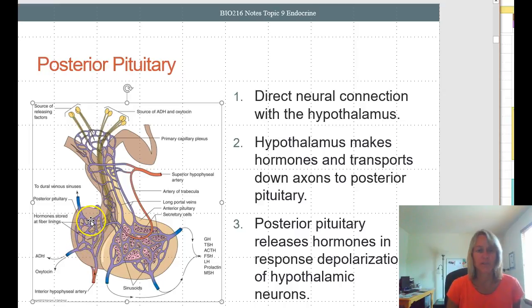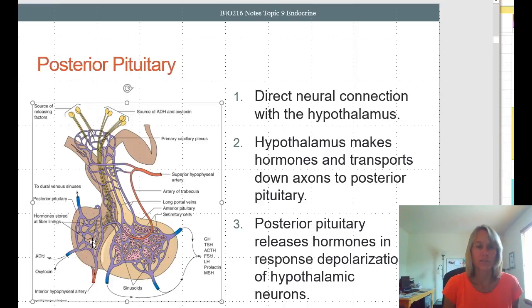But the posterior pituitary is primarily neural tissue, it's not glandular, so it doesn't make its own hormones. Rather, those hormones are made in the hypothalamus and transported down and stored in the posterior pituitary. And then those hormones are released in response to depolarization from those hypothalamic neurons.